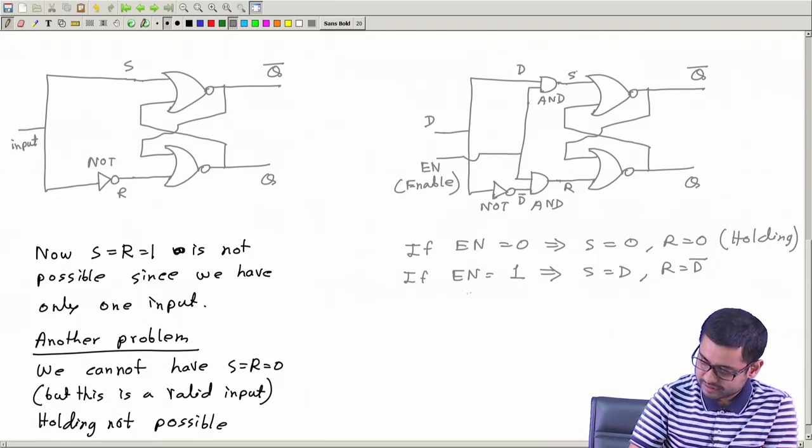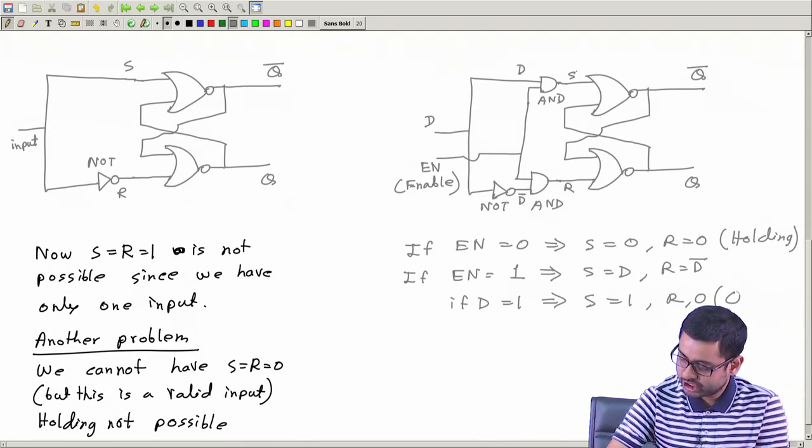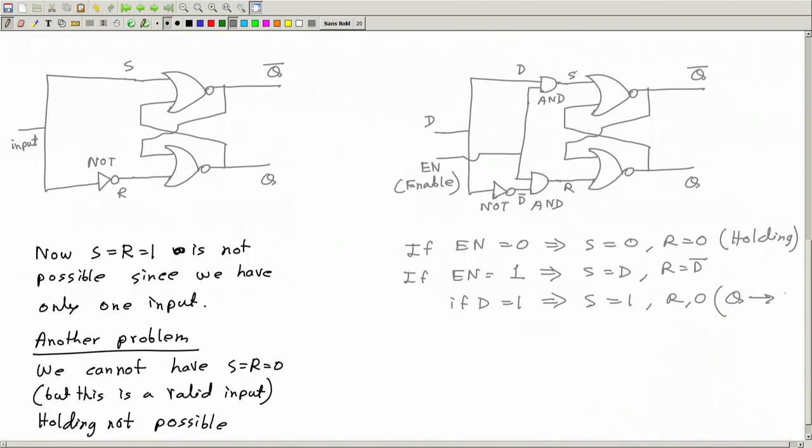So that means if D is equal to 1 with enable equal to 1, then S is 1, R equal to 0. So this will set Q to 1. And if D is equal to 0, then Q will become 0 or reset to 0.